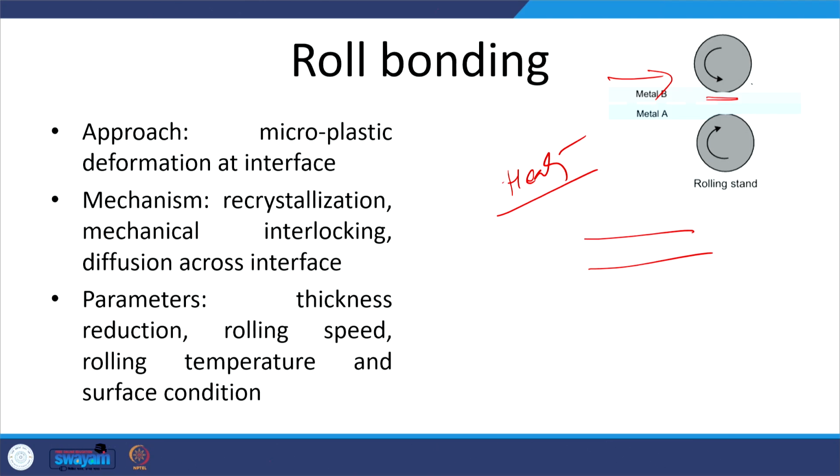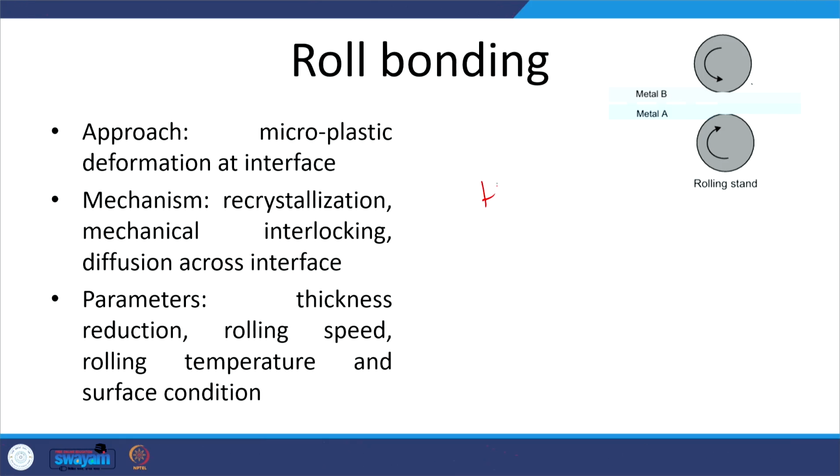So, rolling speed affects 2 things. One is the bonding time, meaning the time for which the pressure is maintained. The higher the speed of rolling, the lesser will be the time for which the sheets will be there together. On the other hand, the heat generation will also be affected by the rolling speed.